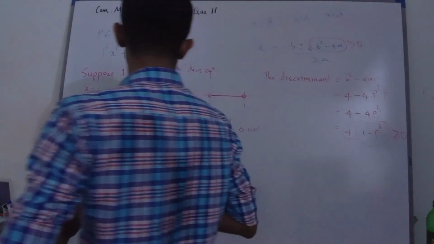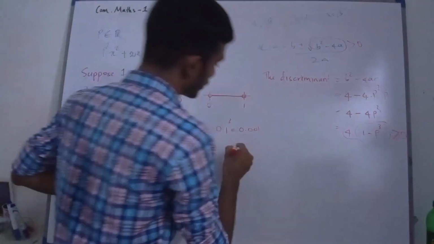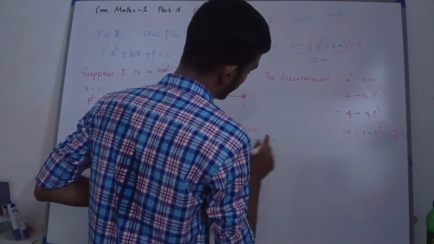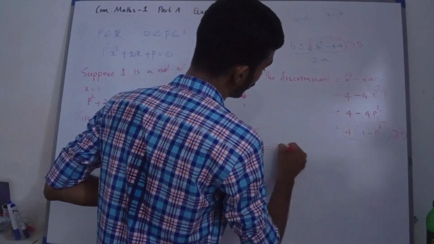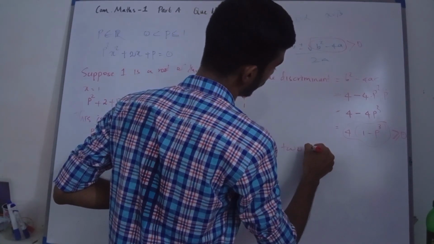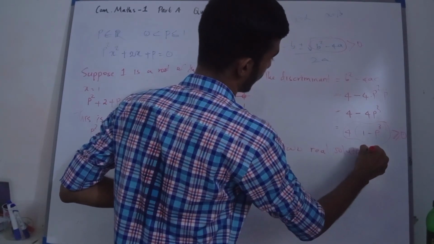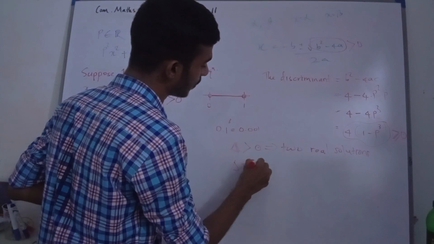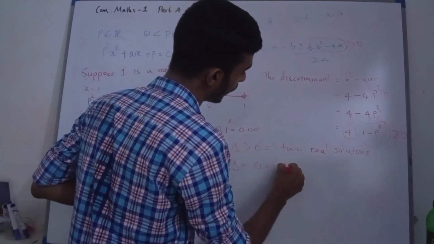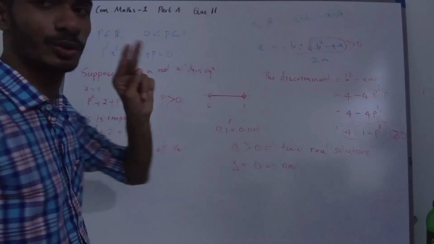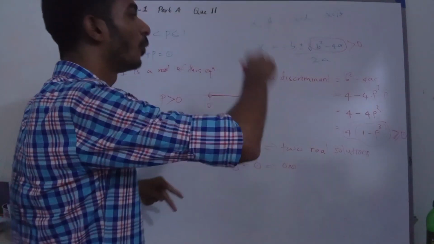So now the properties of the discriminant, right? If delta is greater than 0, it will have two real solutions. If delta is equal to 0, it will have one real solution, because the quadratic equation will have two solutions, but the two points will be the same.